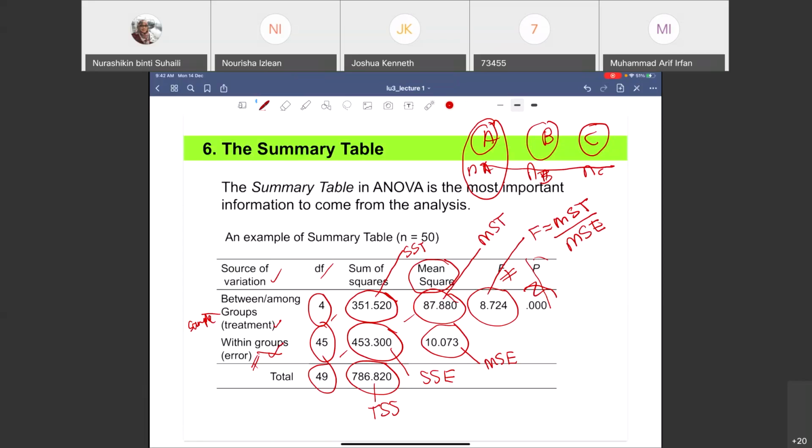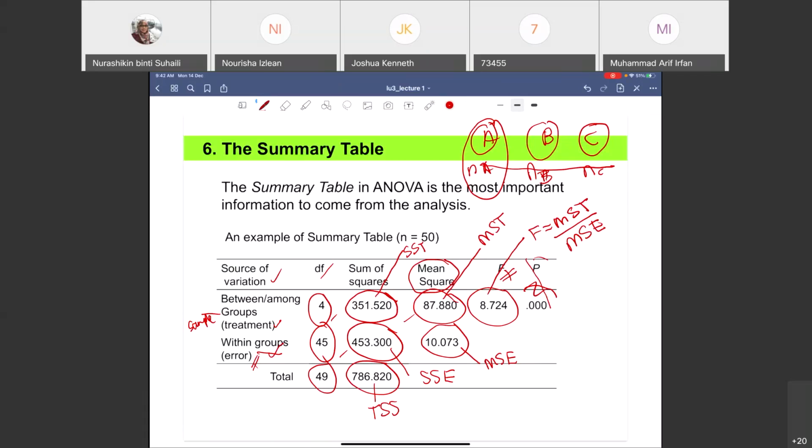ANOVA can also be solved in this lecture, or in this course. We teach you how to solve ANOVA by hand calculation, by manual calculation. But actually, in reality, if you do research, you're not going to calculate manually anymore. You're going to use Excel straight away.